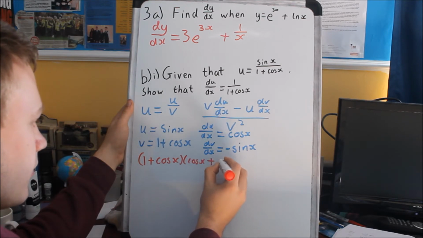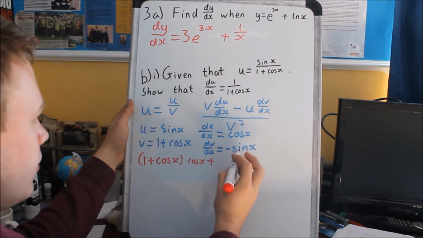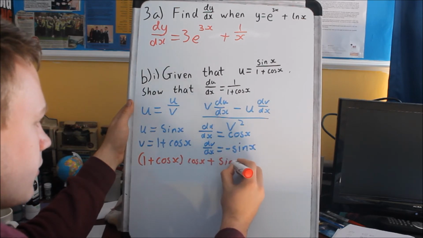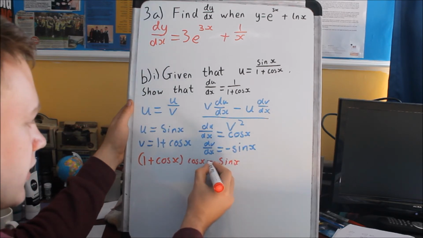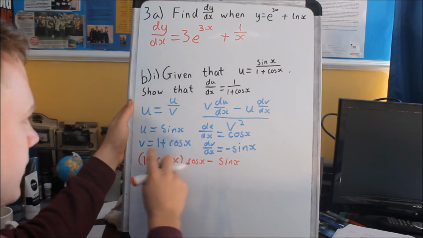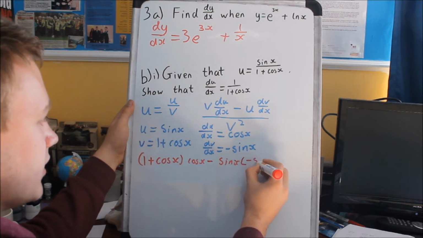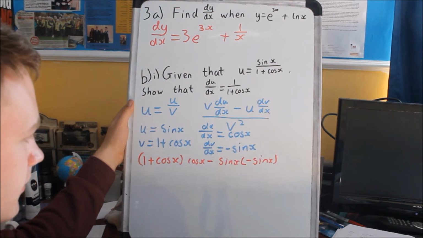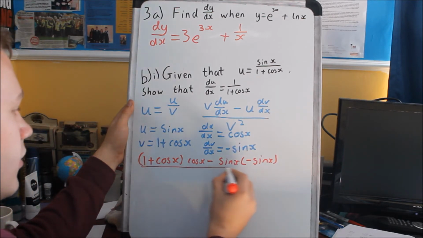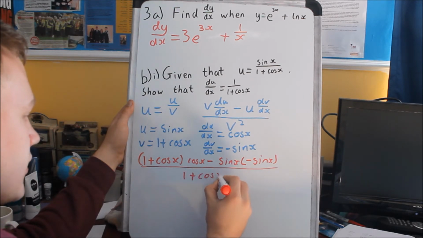Minus, because of our formula, u, which is sin x, times minus sin x, which is our dv dx. I'm confusing everybody now, aren't I? All of this is over v squared, which is 1 plus cos x squared.